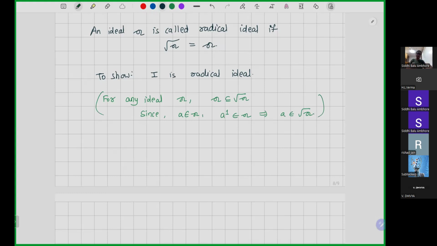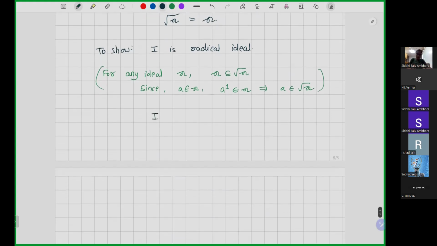So in our case also, this I is contained in the radical of I.